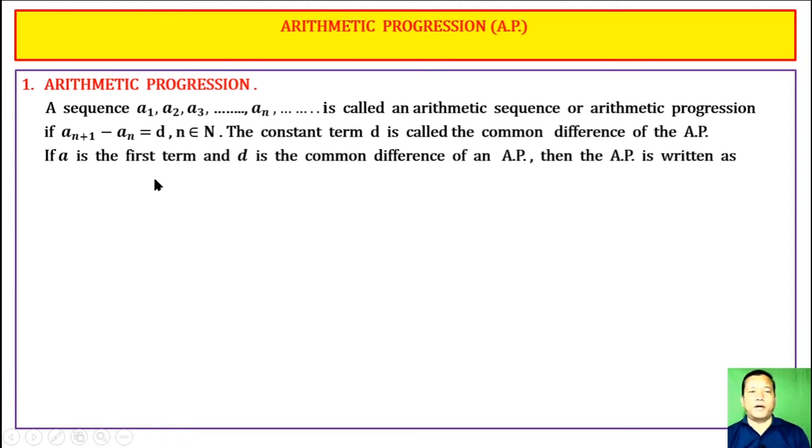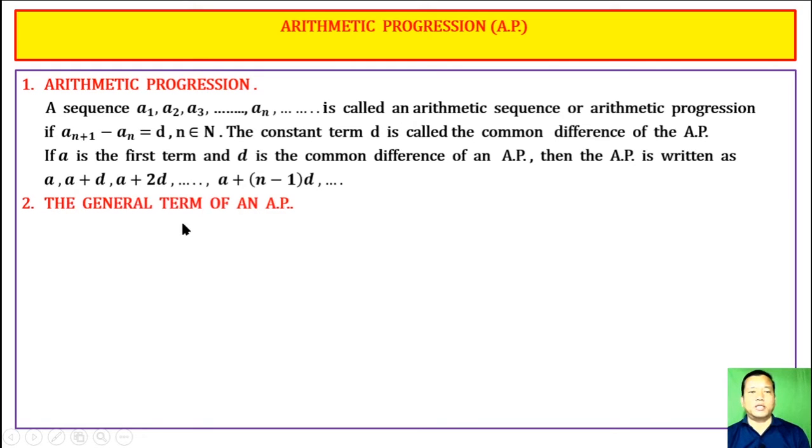If a is the first term and d is the common difference of an AP, then the AP is written as a, a + d, a + 2d, ..., a + (n minus 1)d.